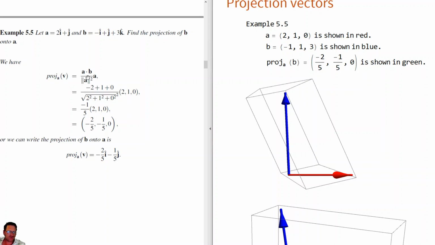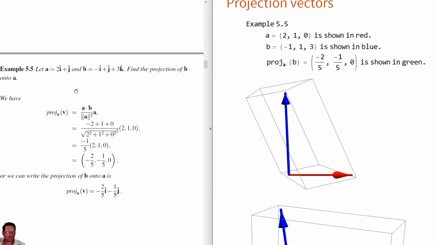But remember, then we square that norm, so we have minus 1 on 5 times the vector A, which was 2, 1, 0. So this gives us that our projection of the vector B onto A is minus 2/5, comma, minus 1/5, comma, 0. And we could also write that as minus 2/5 i, minus 1/5 j.